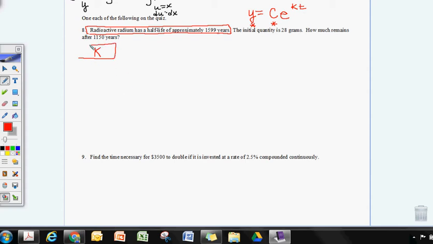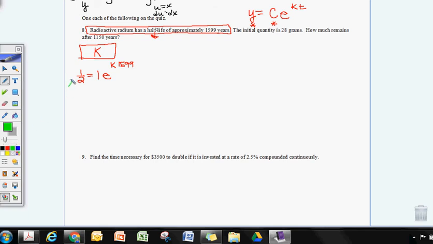So to solve for K, I have something called a half-life. That means half of the material is left when I begin with 1, starting 1, ending 1/2. E being raised to the K, and that would be 1599 for time.